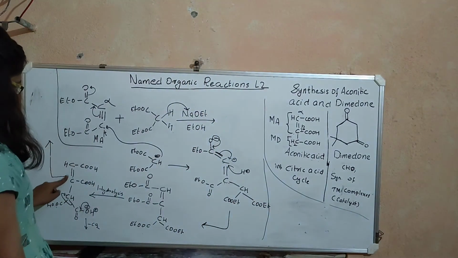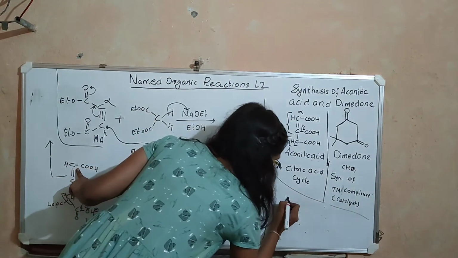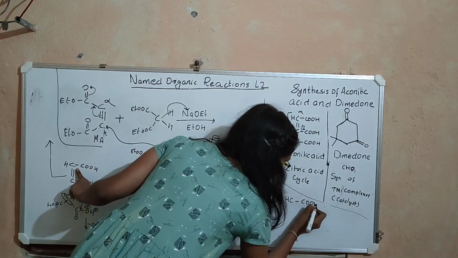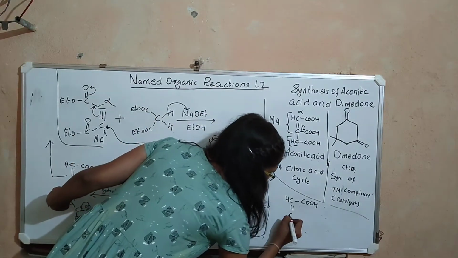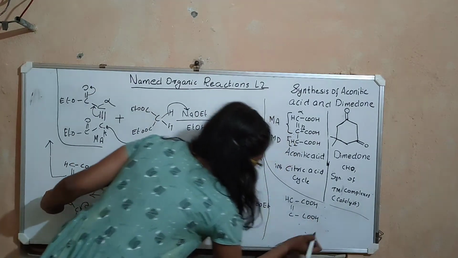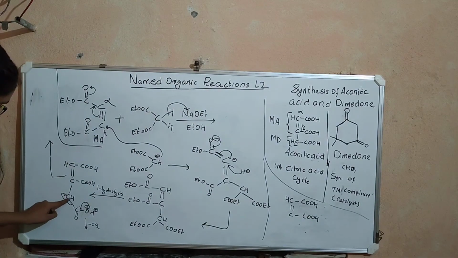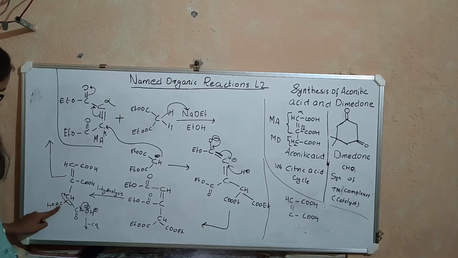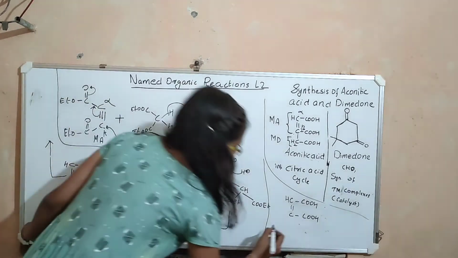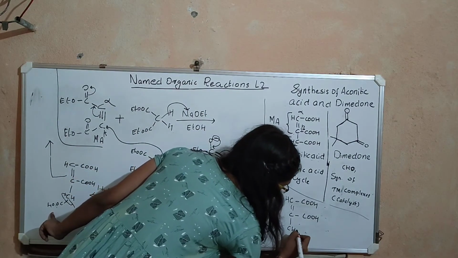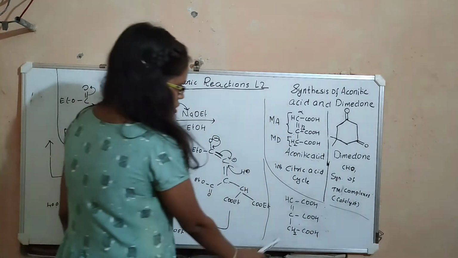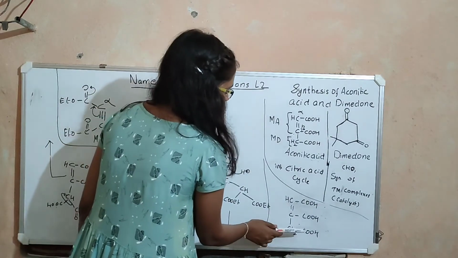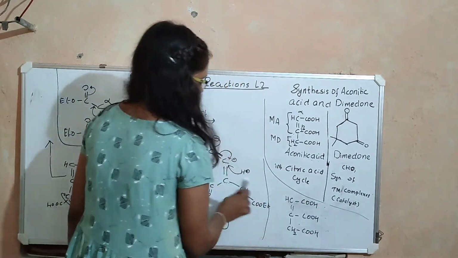So you have CH and one acid group on it, double bond C, and one acid group on it, single bond CH2, because this H plus has attacked this carbon, it becomes CH2, and one acid group on it, CH2 COOH. So this is our aconitic acid. Okay.